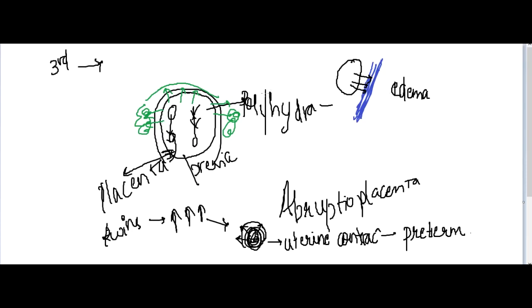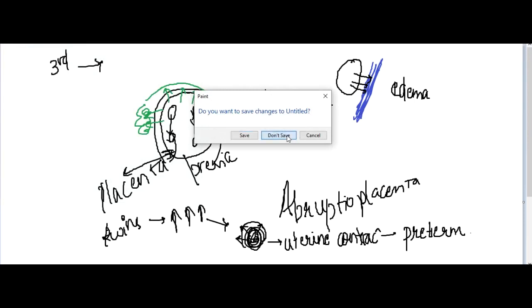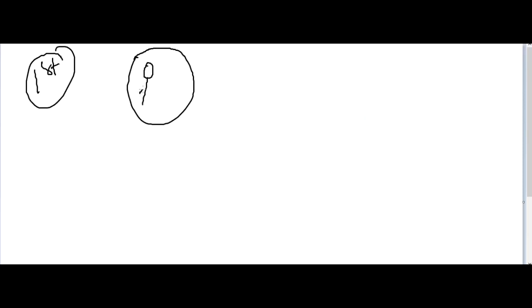Now, what about the intrapartum complications? What are the complications that are seen in the intrapartum or postpartum period? In the intrapartum complications, that is in the first stage, the major complication is presentations. There can be malpresentations of the babies, that is one.